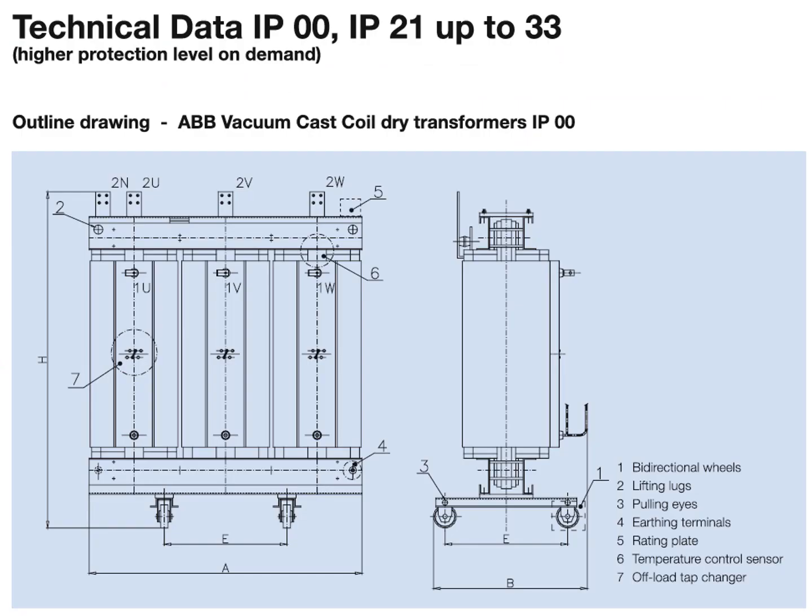And now to transformers. This is also ABB, and you can see dimensions of the transformer. This is a vacuum cast coil transformer with protection IP00. That means basically no protection, but in the same catalogs there are transformers with better protection, IP21 and IP23.